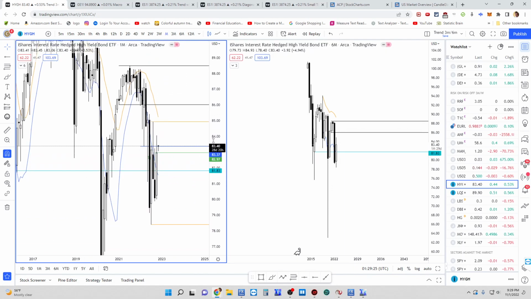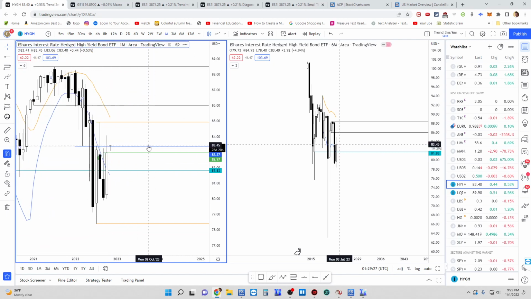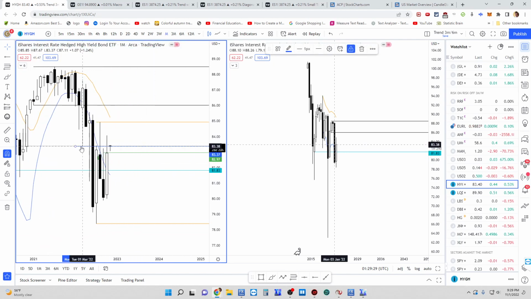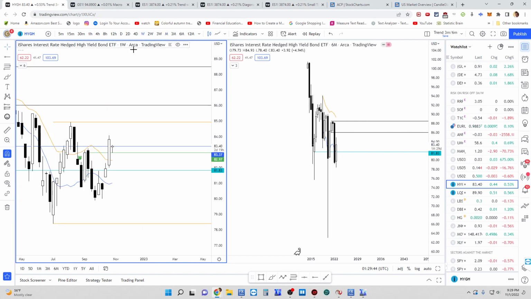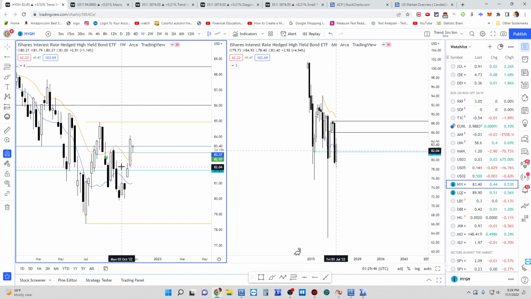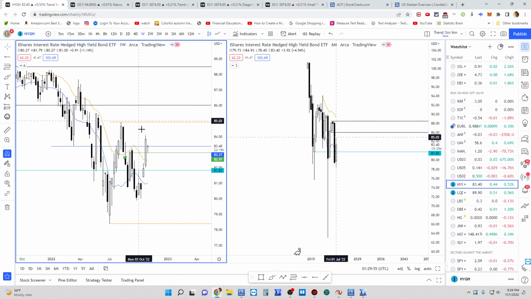So roughly, it looks like this line that was drawn in right there is holding as resistance in some way. And I don't know how long it takes to determine if it's rejected or not, but it looks like we're at a decision point.